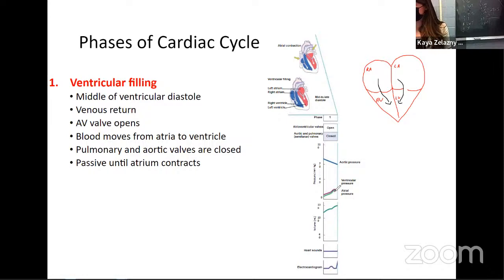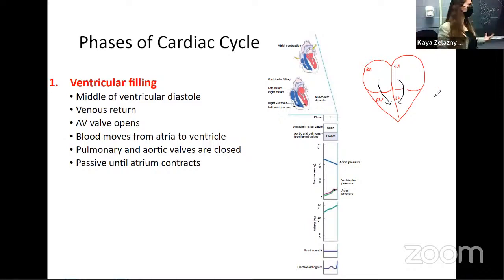So higher pressure in the atria, which means it's pushing into the ventricles, which means that these AV valves are going to be open, allowing blood to flow into the ventricle, because otherwise we couldn't have ventricular filling, right? If those AV valves were closed, no blood's getting in there.